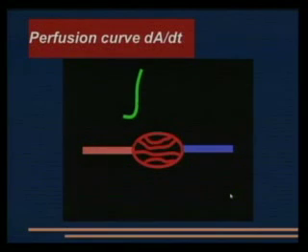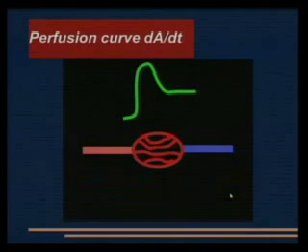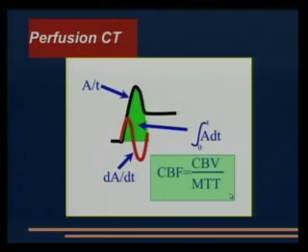Now we go to CT perfusion. It's based on the analysis of the curve of injection of some contrast. It can be with the CT, injecting iodine, or can be with the MR, giving gadolinium. This is the first derivative of this curve.